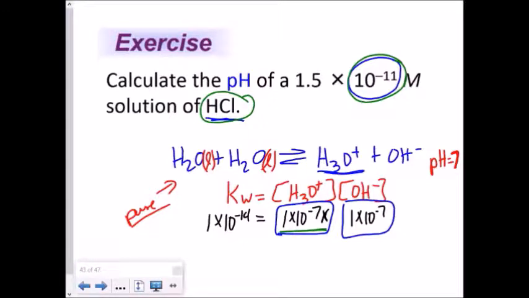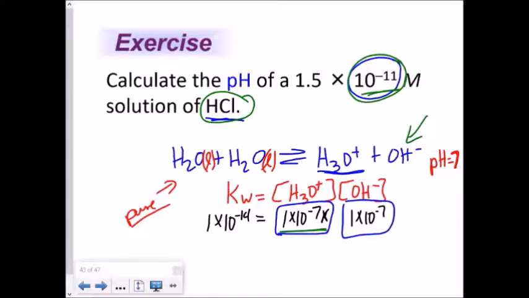This one, 1 times 10 to the minus 7, is a larger number than our 10 to the negative 11, right? So as you can see, the concentration of the hydronium caused by the self-ionization of water would be higher than the concentration that would be caused by the hydrochloric up there. So that's why we know this one is the dominant reaction in this case.